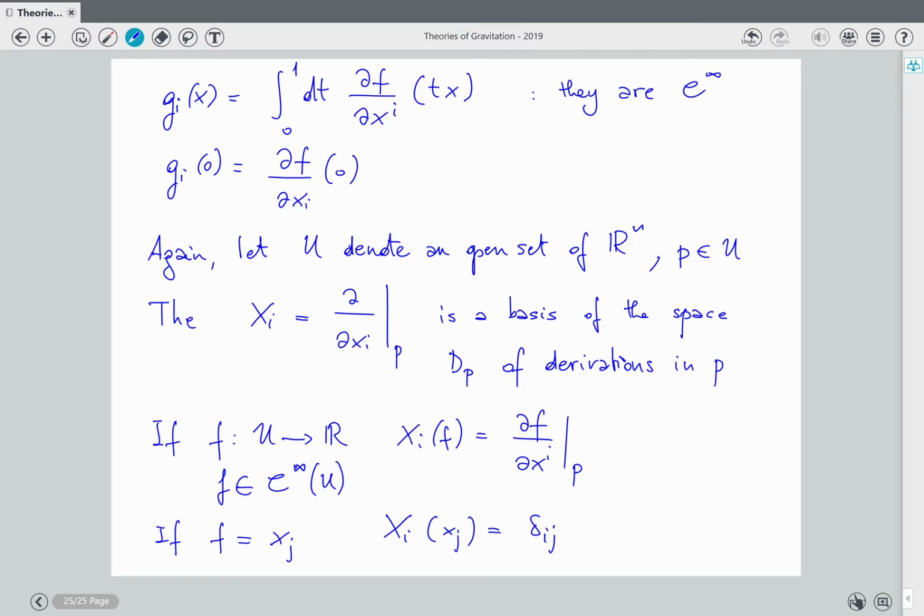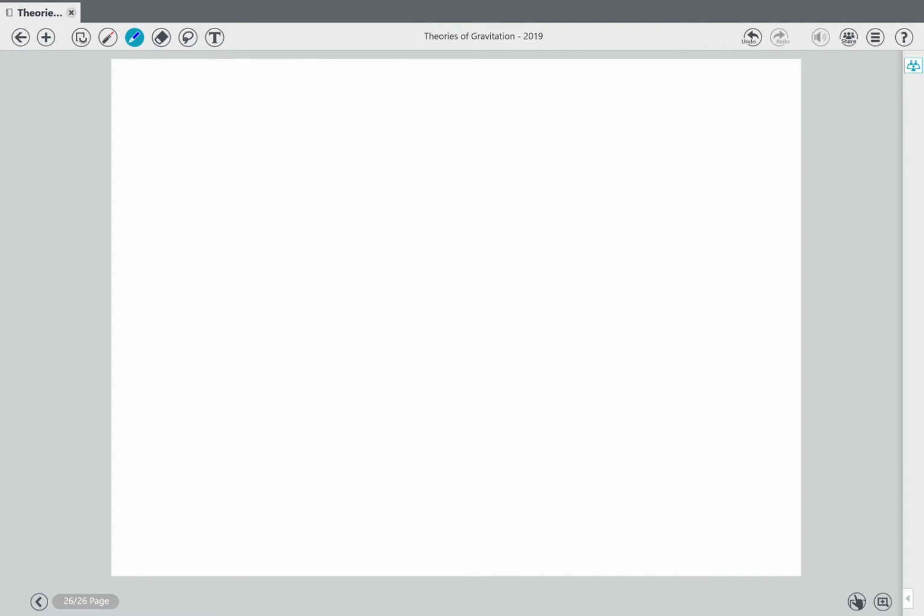So we want to prove that these Xi's are a basis of the space of derivations, and for that to be true, we have to show that they generate the entire space. They generate Dp.